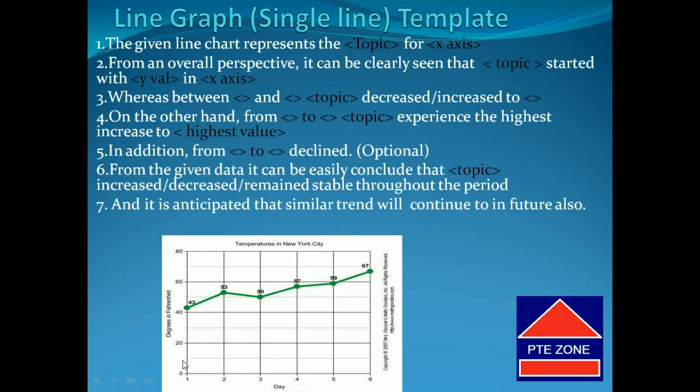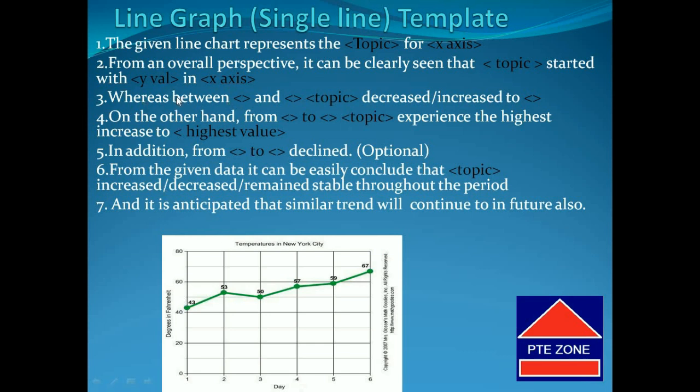So you can use this, because as I mentioned before, every line graph will have a starting point. You can mention the same thing: started at whatever value, on whatever x-axis and y-axis.